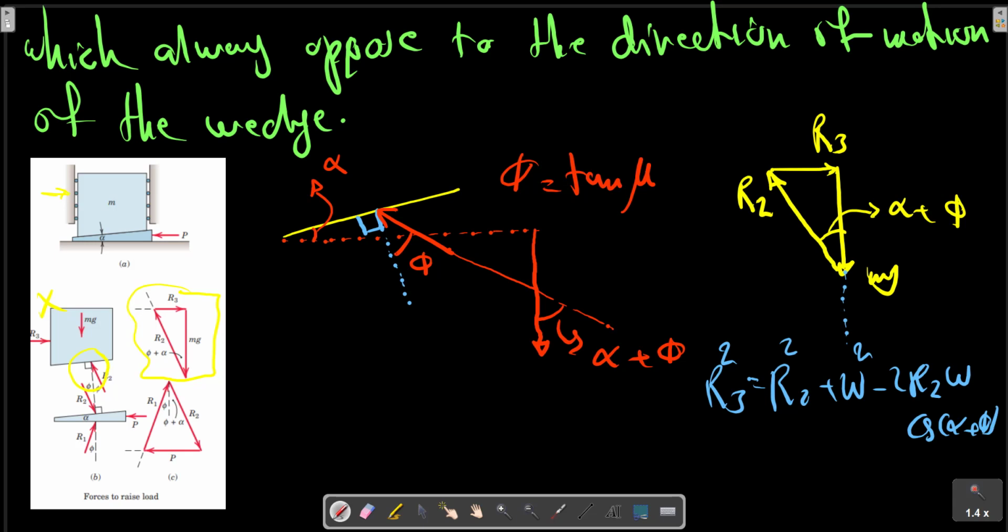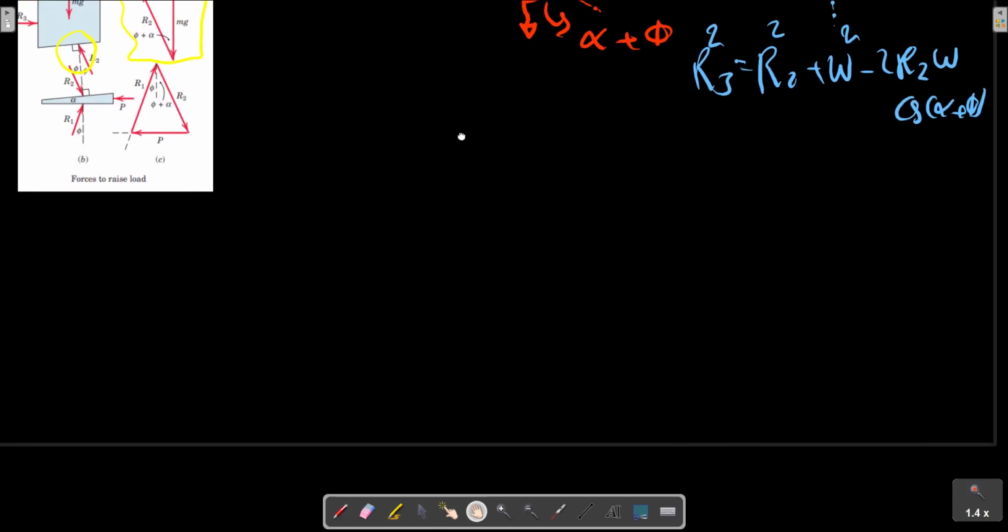Anyway, the free body diagram for the wedge is also shown in the picture here.